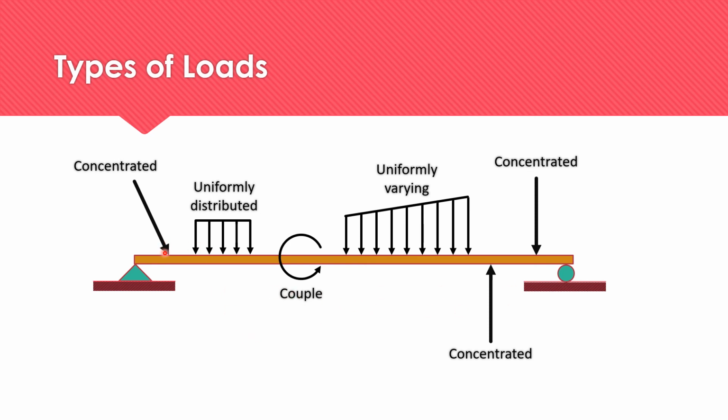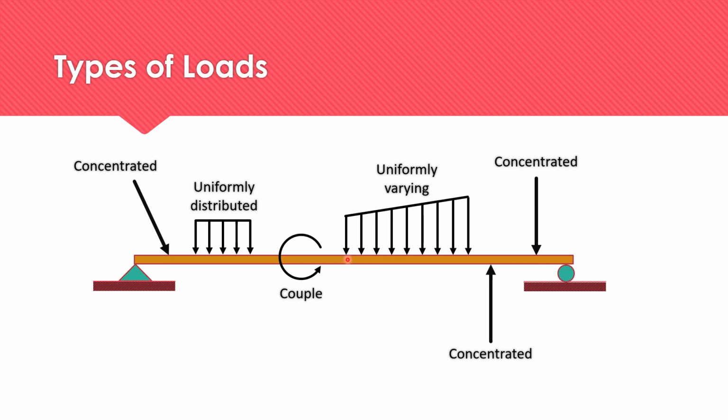So we have what we call concentrated load, or sometimes ang tawag dyan ay point load kasi naka-apply sa isang point. Then we also have the uniformly distributed load and the uniformly varying load. And itong uniformly varying load, pwedeng ito ay triangular load, but in this case, it is trapezoidal, which can also be broken down into two regular geometric shapes or loads na isang triangular at isang rectangular loads.